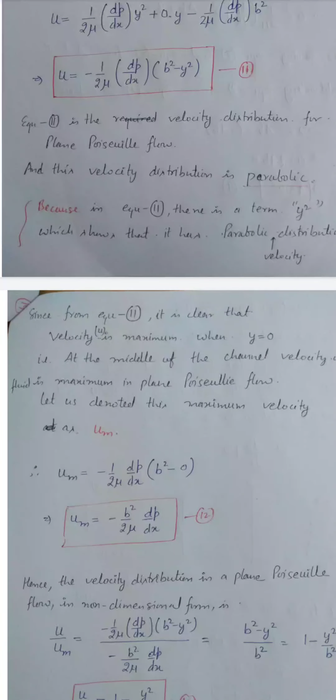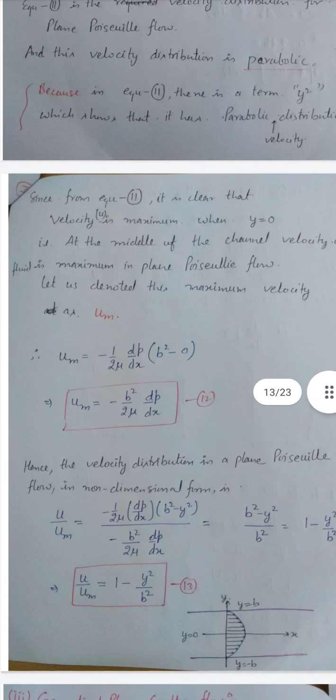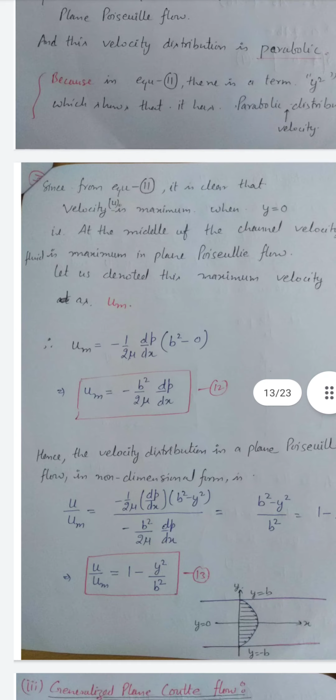Now substituting y is equal to 0 in equation 11, we get, students, um is equal to minus 1 upon 2 mu dp by dx b square. Hence the velocity distribution in Poiseuille flow in non-dimensional form: now divide equation 11 by 12.